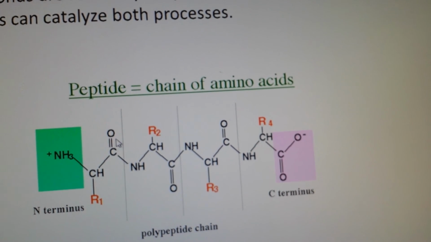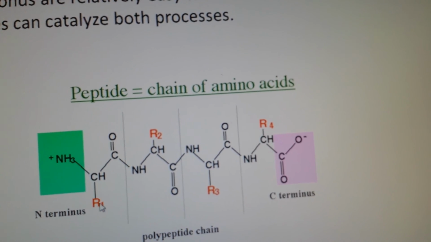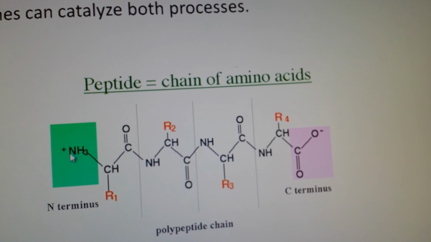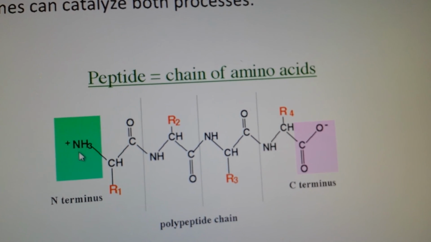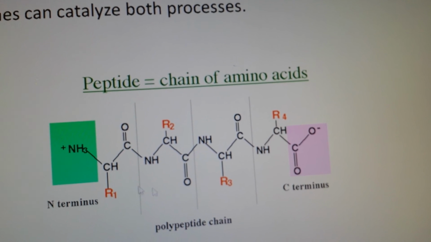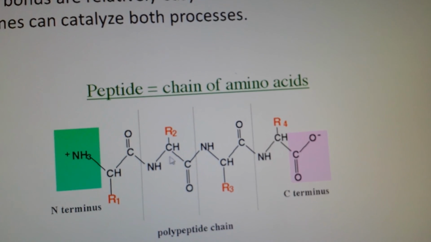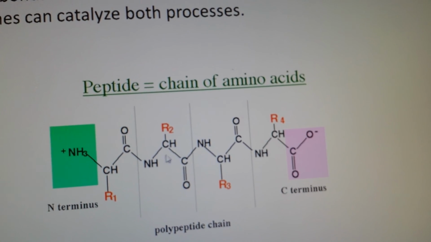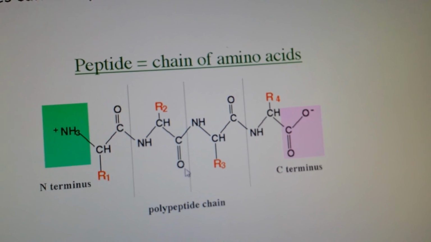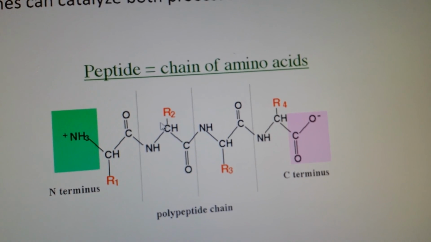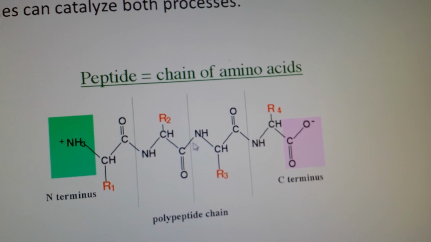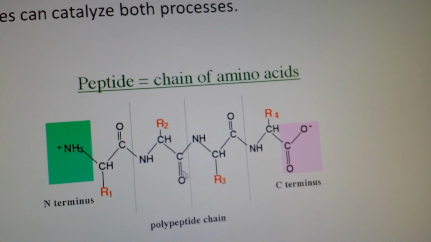At the end you will see an amine. So on one side you see carboxylic acid, on the other side is amine, but in between is NH and carbon oxygen NH, which is amide, and CH2 as well. So this is the structure of every amino acid.